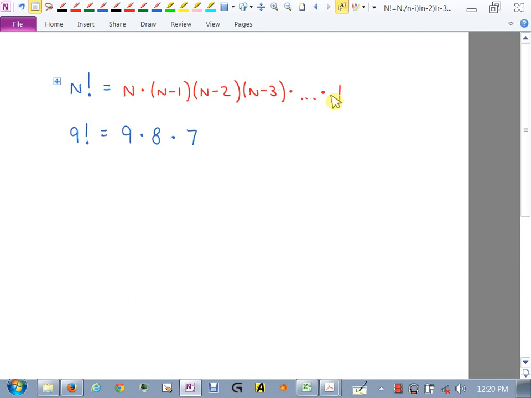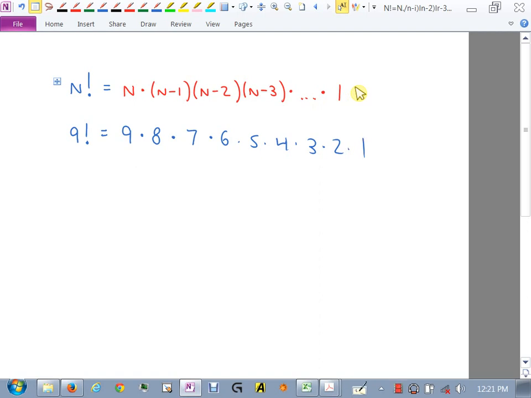N minus what? Well, but we don't know what n is, right? If it was, yeah, this keeps going, times 6, times 5, times 4, times 3, times 2, times 1. But this one, we just need the dot, dot, dot. You see this? Times, dot, dot, dot. That's me saying continue this pattern until you get to 1.